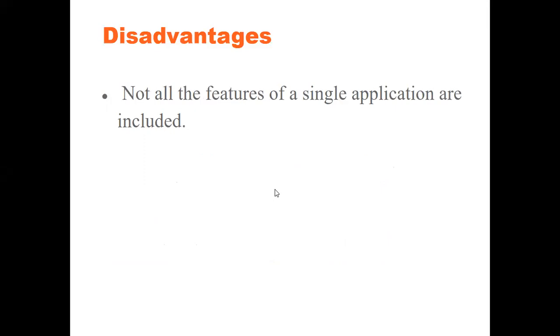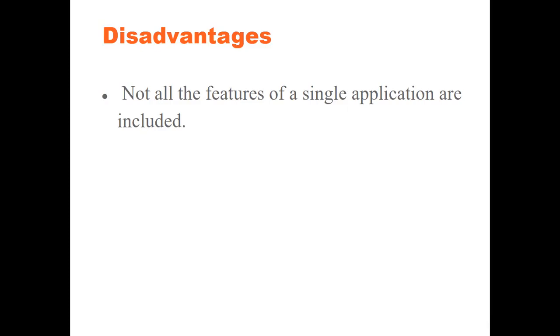Okay, so quickly, disadvantages. Obviously, not every single feature in another application is included. For example, PowerPoint has presenting, transitions and animations. So not all the features of a single application are included.